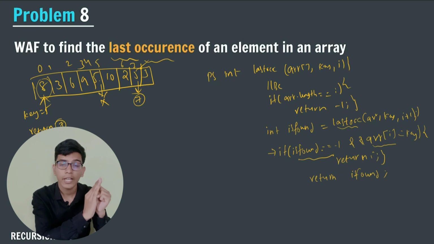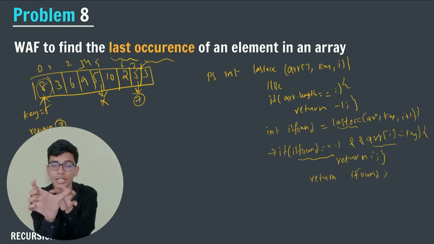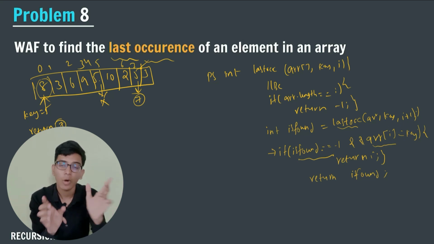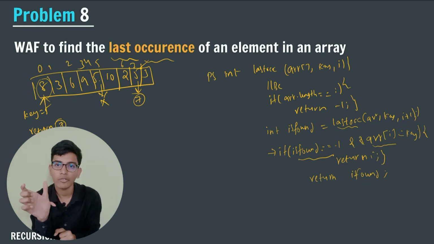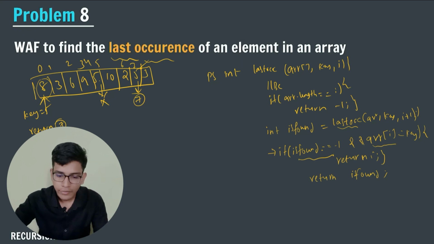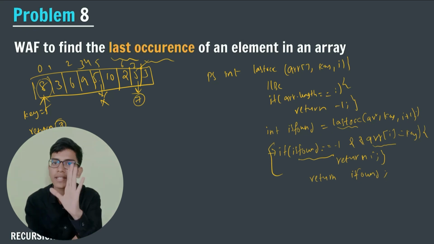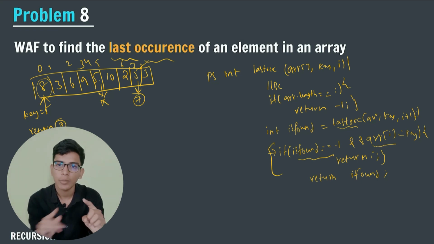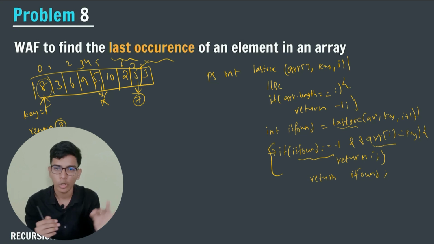First of all we check my rest of the array. If the element is present in the rest of the array, then we will print the isFound value. If it is not present in the rest of the array, then we will print the current element. So the if statement will print the current element, and the isFound statement will print the element in the rest of the array. So this is the minor difference, and I hope you have understood the logic.